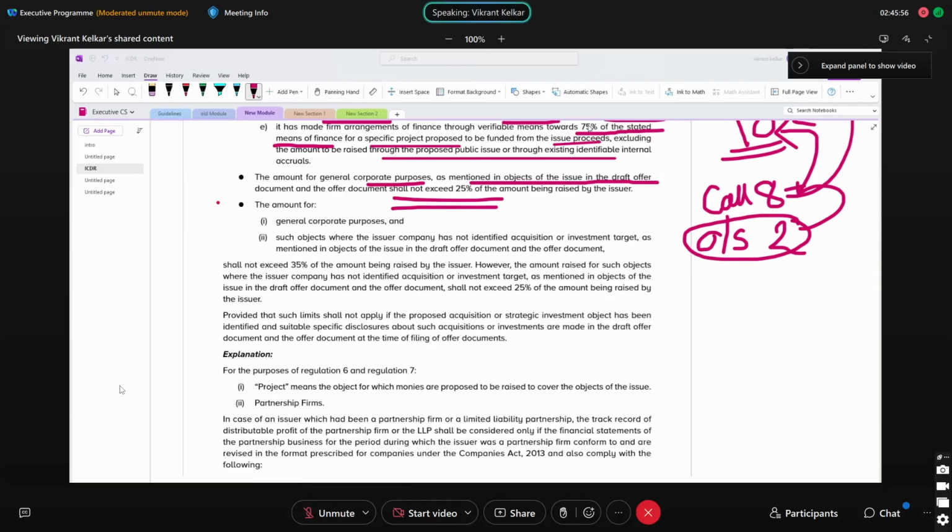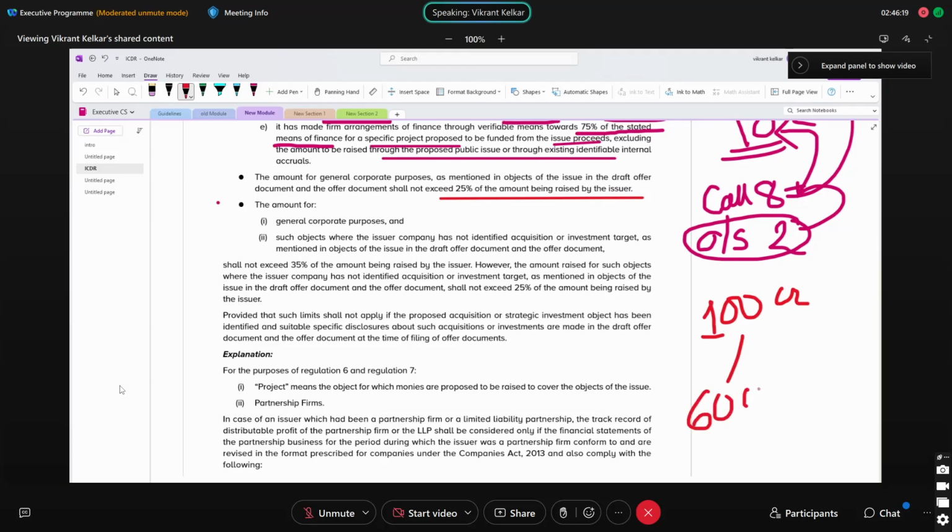Read the condition, that the amount for general purpose as mentioned in the object of the issue shall not exceed 25% of the amount that is being raised by the company. So suppose Sanjay Limited is issuing 100 crore rupees worth of shares, and he is saying that out of that I will keep 60 crore rupees for general purpose.